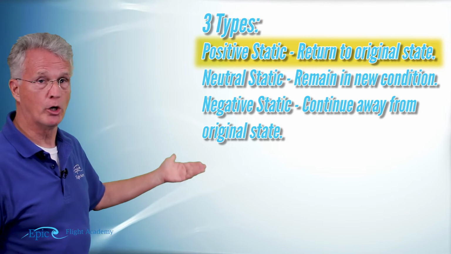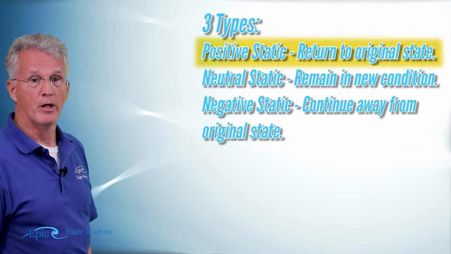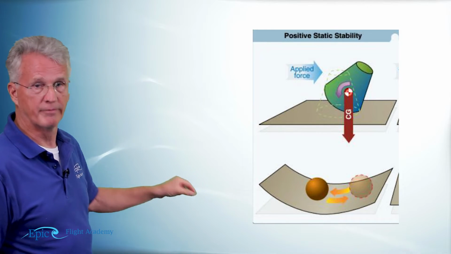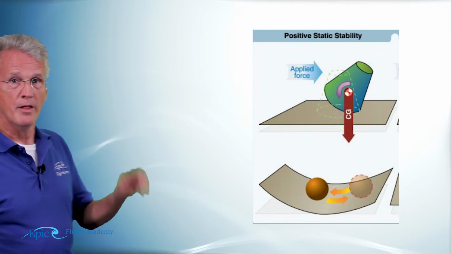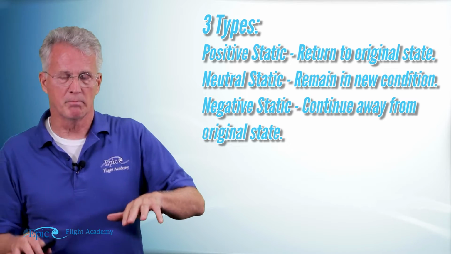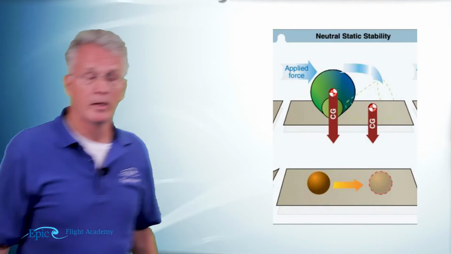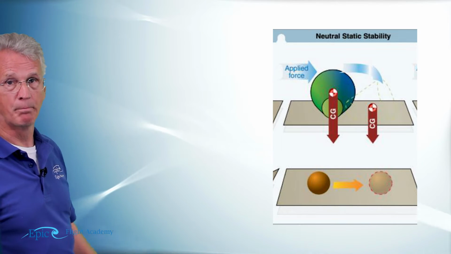It may return to where it initially started. Now, think of that like the steel ball inside of a hubcap, or the picture here on your left. The second thing that it might do, if it's upset, it might move to that new position and then just stay there. Now, think about that like the steel ball on a flat plate.